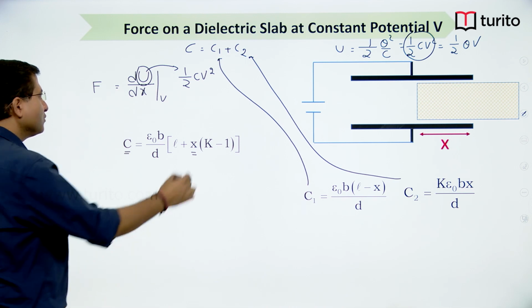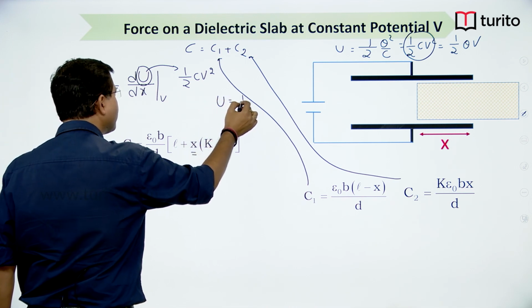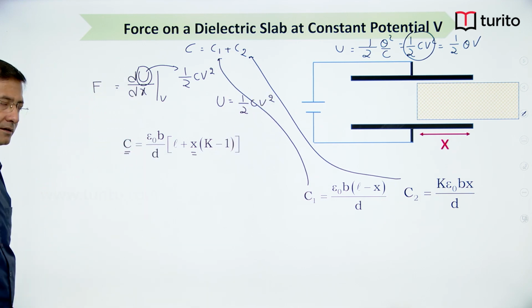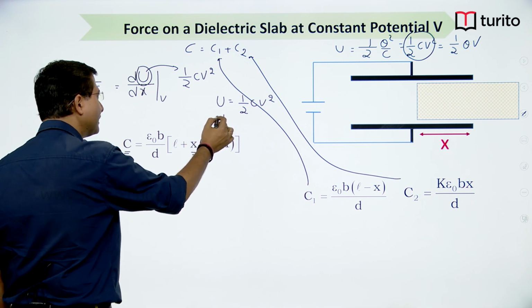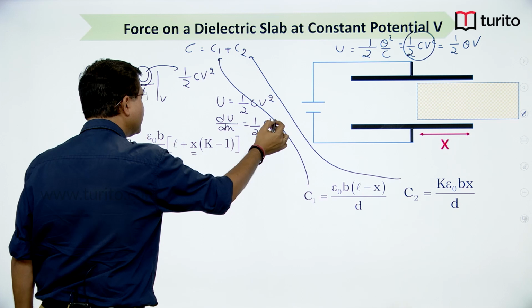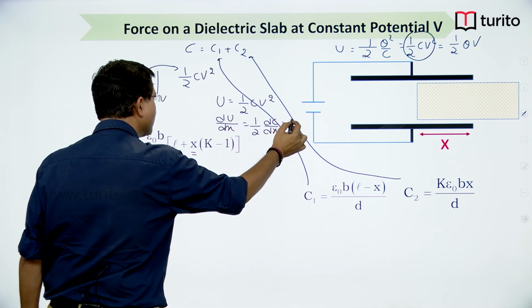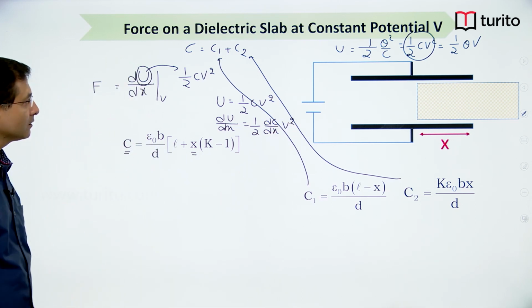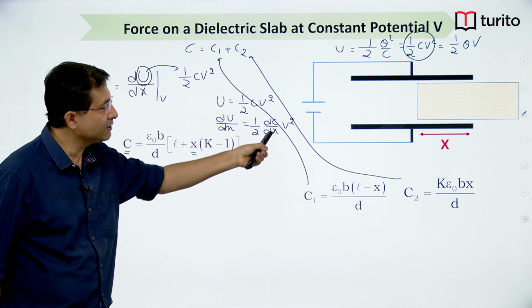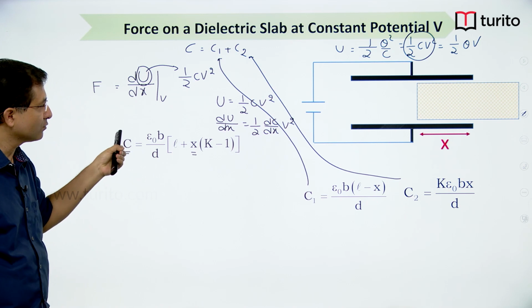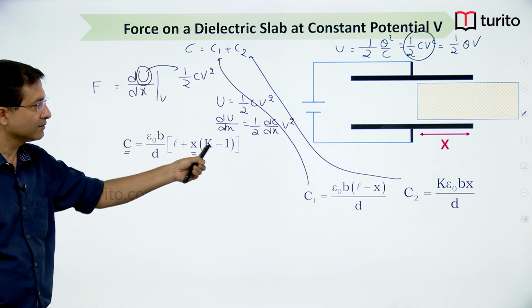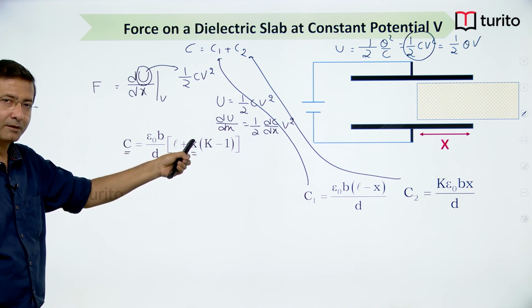So, first let us get dU. If U is equal to half CV square and I differentiate, then dU by dx is 1 by 2 dC by dx into V square. Simple to write, right. So, we need to differentiate C with respect to x. If I differentiate C with respect to x, I will get K minus 1 because x to the power 1 will become 1.